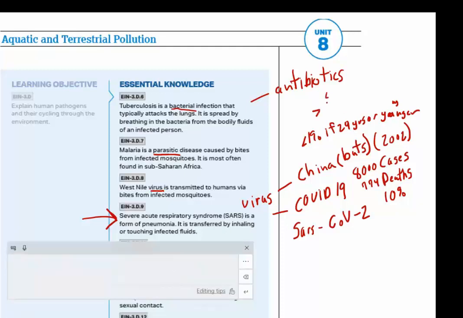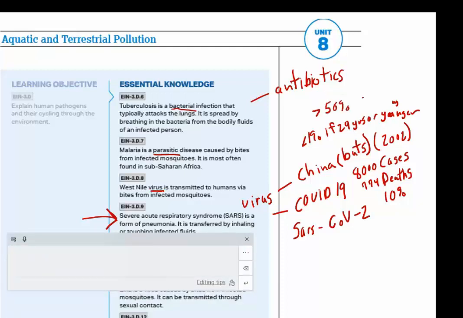There was a greater than 50% chance if you were 65 or older, which is kind of what we're seeing now with the current one. If you're older and you have underlying health conditions, this particular COVID-19, which again is really the second iteration of SARS, seems to be following that same pattern.